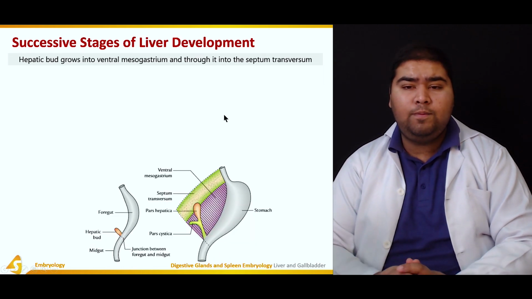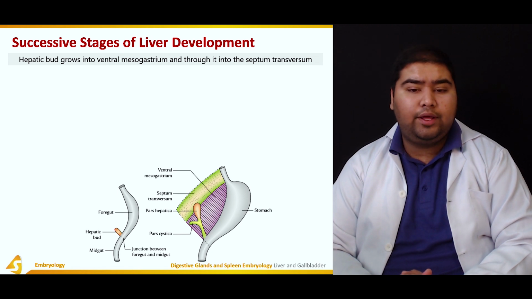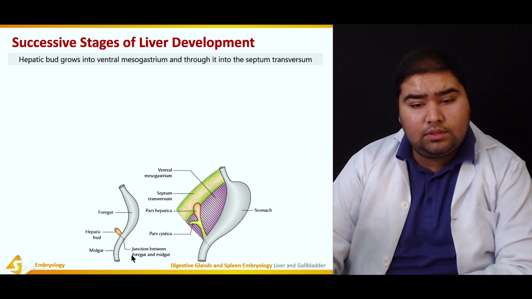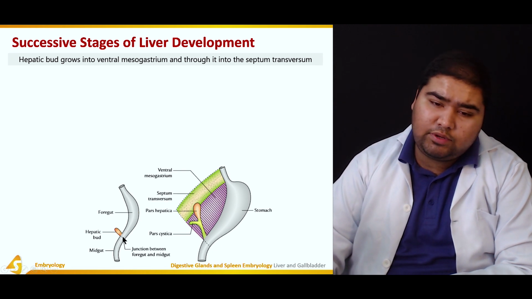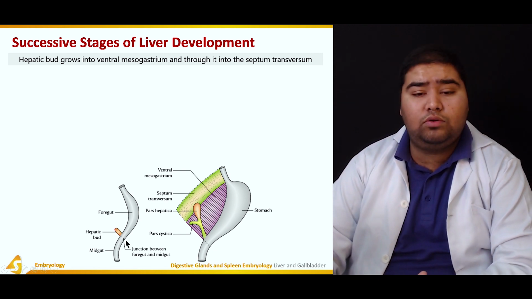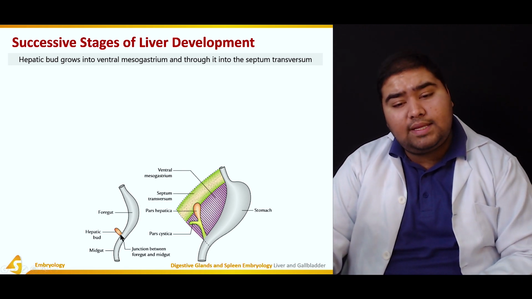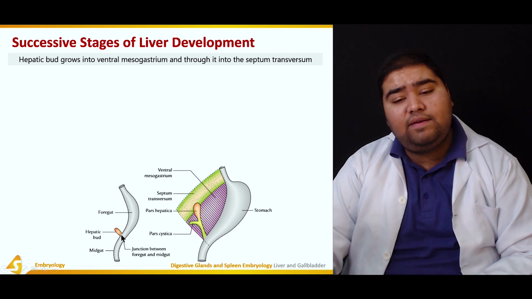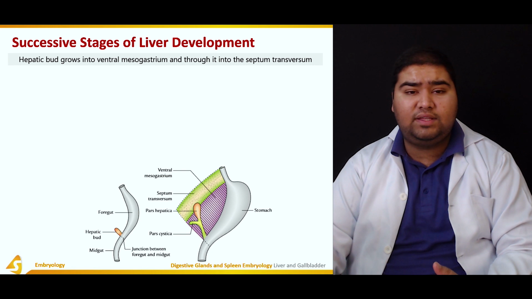Moving on, what are the successive stages of liver development? In this figure, this is the foregut, this is the midgut, and this is the junction between the foregut and the midgut, also known as the anterior intestinal portal. This is the liver diverticulum or the hepatic bud, which is responsible for the formation of the liver.